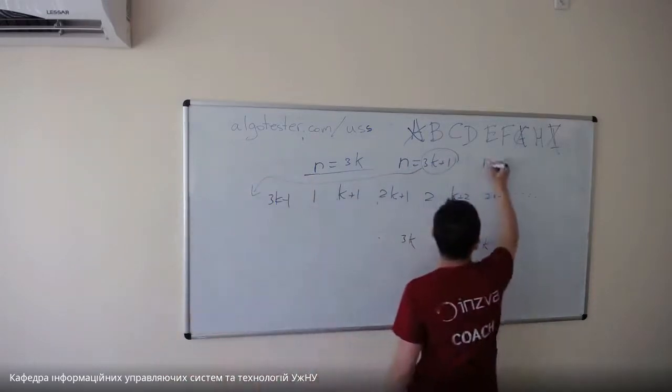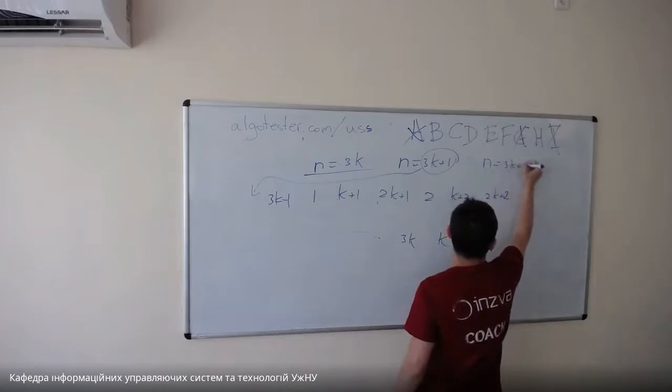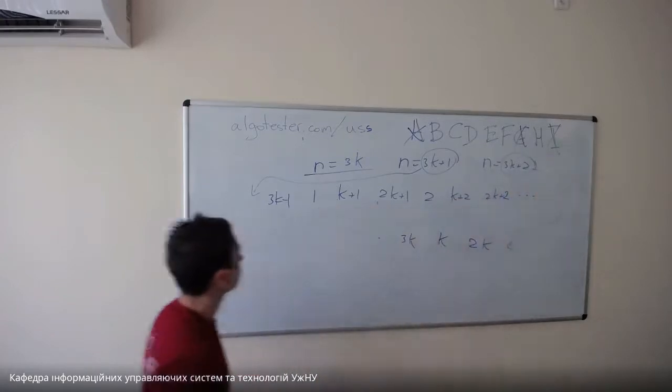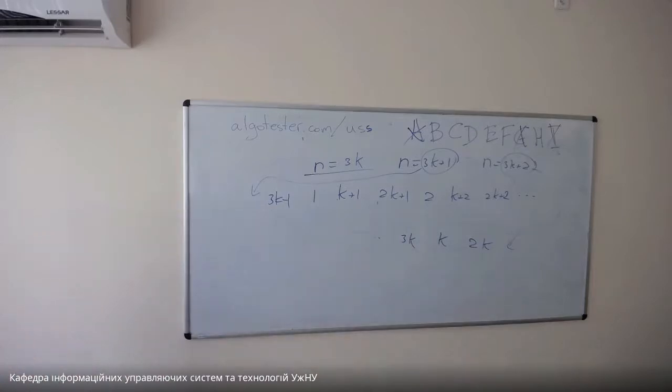And if n equals 3k plus 2, we put this 3k plus 2 at the end. And both of those cases should work fine as well. So that's basically the solution for this problem. You can come up with this pattern by some brute force algorithms or just by trying different ways to put them.